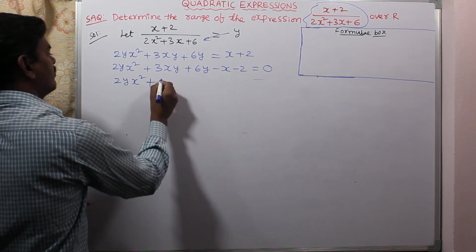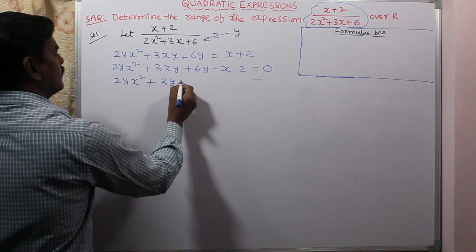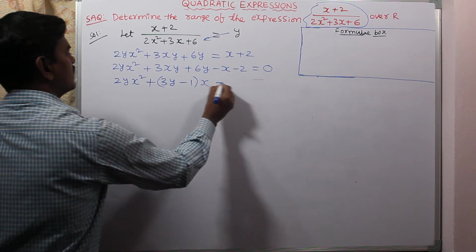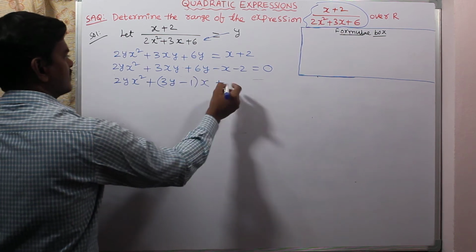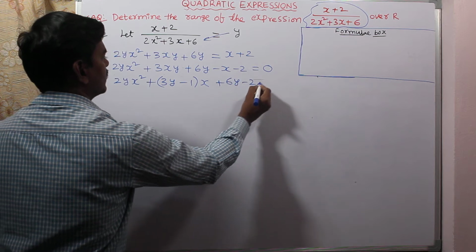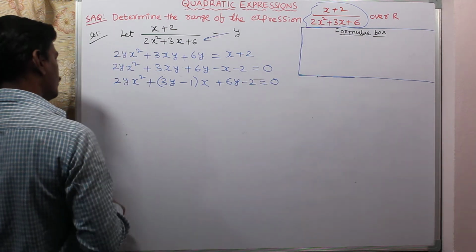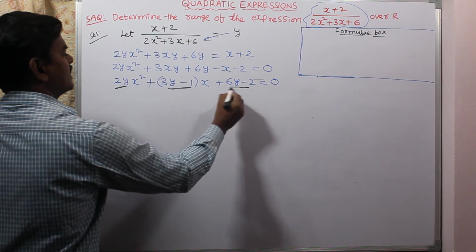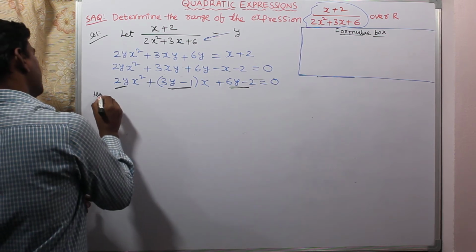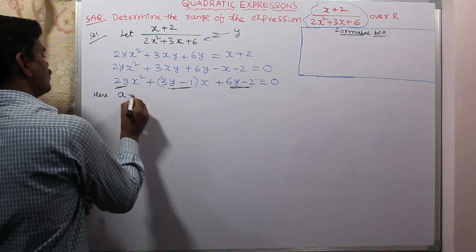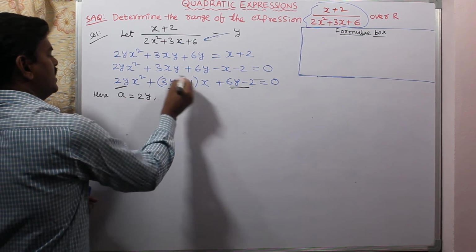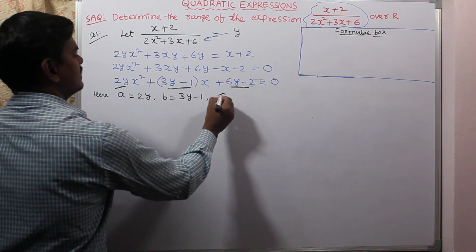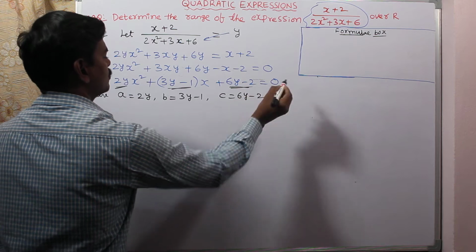After taking x common we are left with 3y, and minus 1 will remain, into x, plus the constant 6y minus 2, equals 0. Now clearly it's in the form ax² + bx + c = 0. So what are a, b, c here? a is 2y, b, the coefficient of x, is 3y minus 1, c is 6y minus 2.